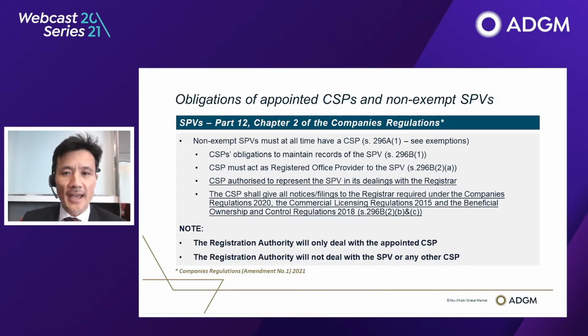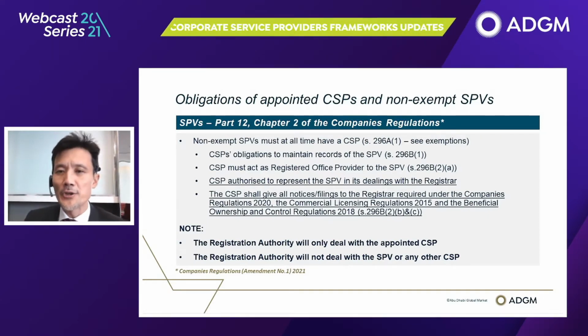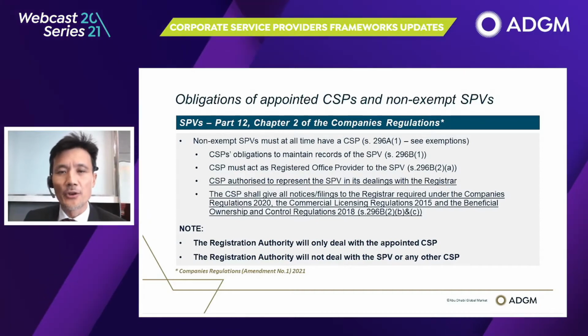The CSP must act as a registered office provider to the SPV. The CSP is authorized to represent the SPV in its dealings with the registrar, and that CSP shall give all notices and filings to the registrar that the non-exempt SPV is required to give under the Companies Regulations 2020, the Commercial Licensing Regulations 2015, and the Beneficial Ownership and Control Regulations 2018.